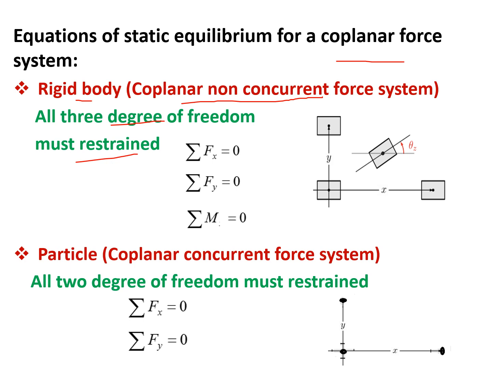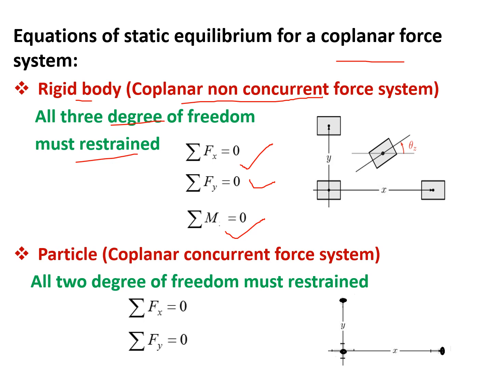It means the net force along the x direction is 0, which will restrain its x direction translation. The second is that the net vertical force, or the net y direction force, is 0. It means that will restrain its y direction translation. And the third one is that the moment about any point on that plane, about the z-axis, is also 0. So we have 3 equations if that is a rigid body, which means a coplanar non-concurrent force system.